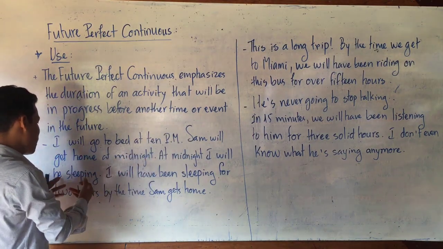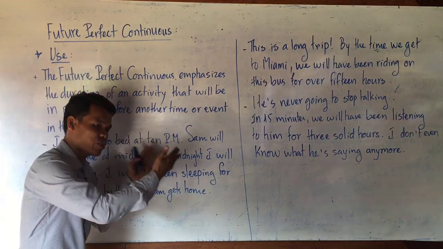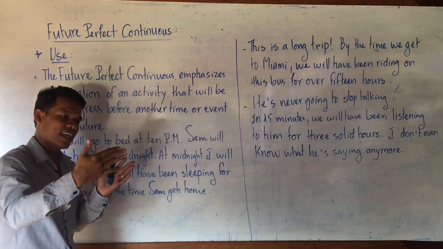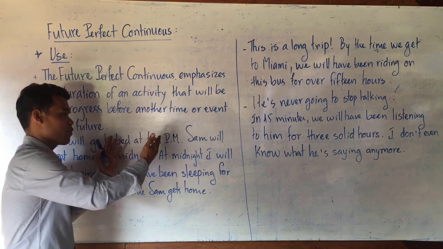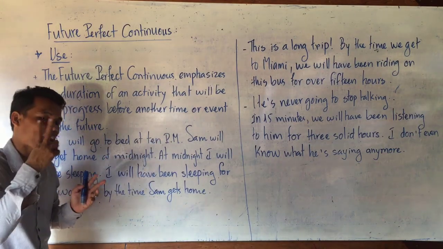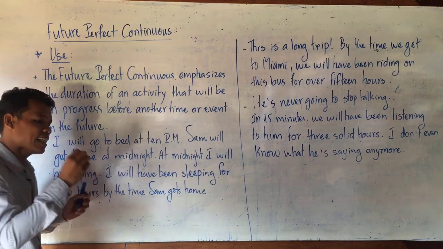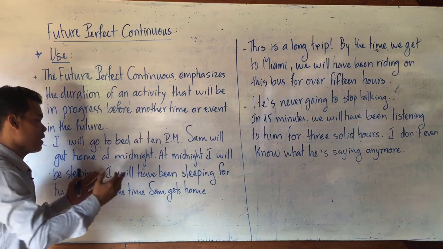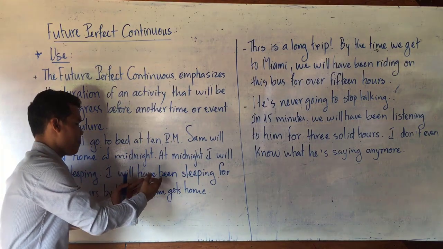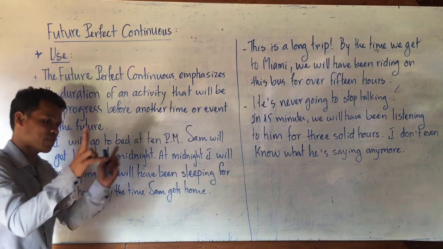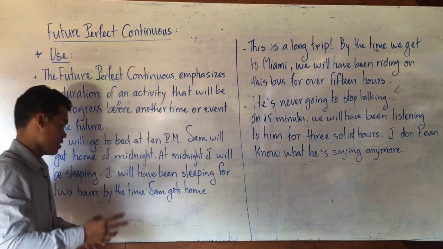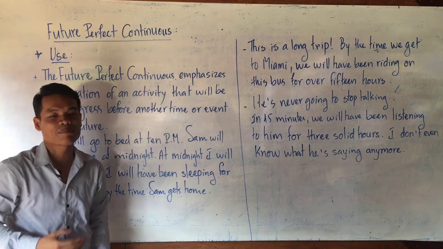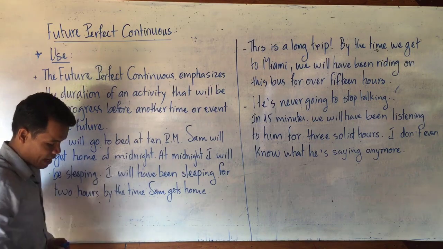At midnight I will be sleeping, so from 10 p.m. to midnight, 12 o'clock, for 2 hours. I mean that I will have been sleeping for 2 hours, from 10 to midnight, by the time Sam gets home. One example.